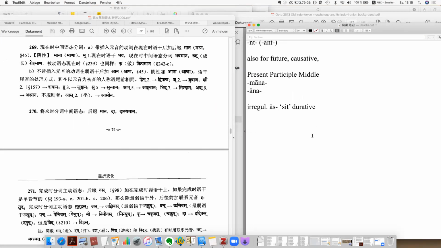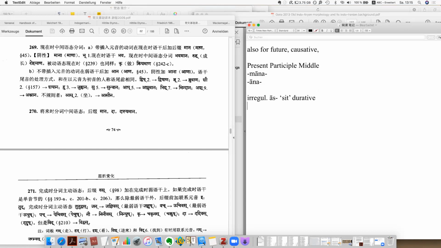And for this root, you have the middle participle like asina. So it looks like this. Right. For some of you, it might look a little bit chaotic, right? How can they be related with each other? And we're going to talk about that today.